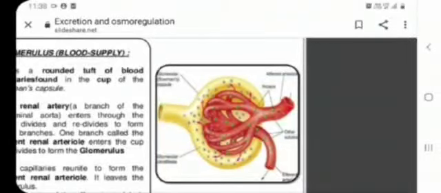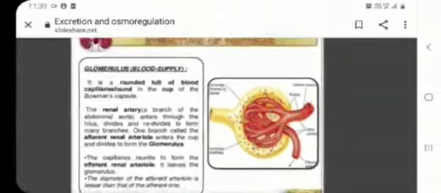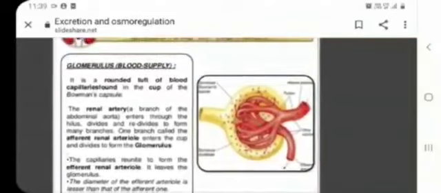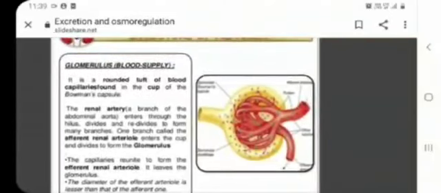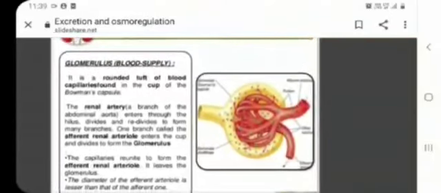The Bowman capsule has pores through which only the plasma can pass. The red blood cells do not pass through these pores or openings. Then there are finer pores through which only the finer molecules can pass and the proteins cannot pass.